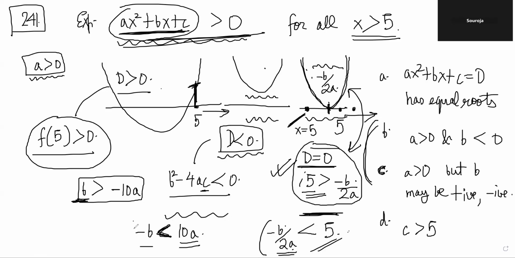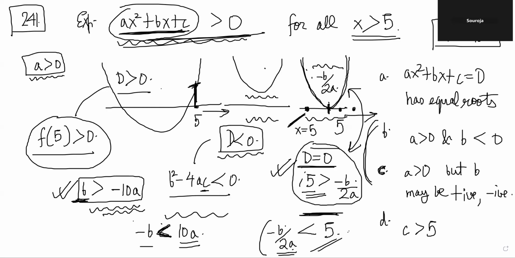But now I want to get a condition on b, not on minus b. So I'll multiply both sides by negative 1, but that will reverse my inequality. If you multiply any inequality with a negative quantity, the inequality has to be reversed. So I'm getting b is greater than minus 10a. But a is positive, so this quantity is a negative number.